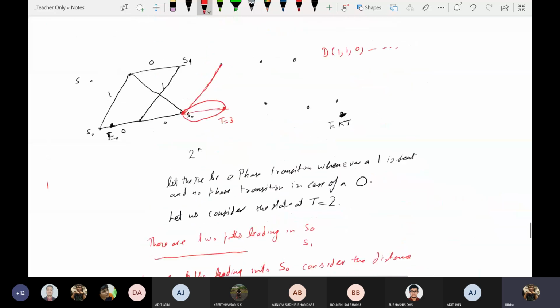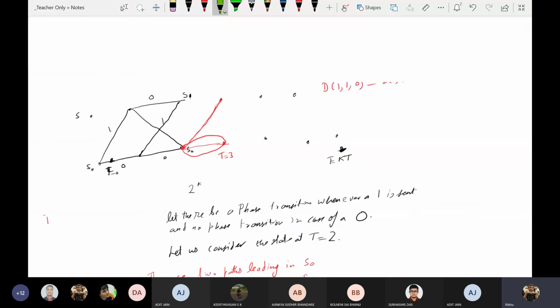So now if I look at the trellis, I say 00 survived, and here I say 10 survived. So instead of 4 paths leading into S0 and S1 at t equals 2, I have just 2 surviving paths leading into it.